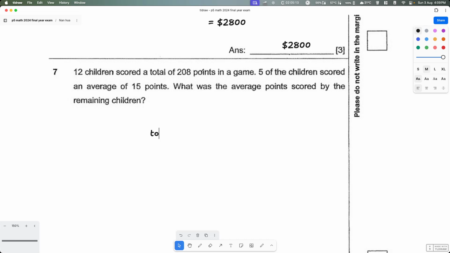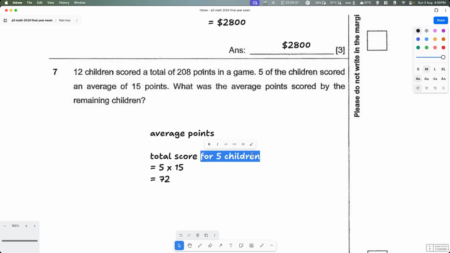So, total score for 5 children is equal to 5 times 15, which will give us 75. Then I'll just say average points for the first 5 children, but that's fine.